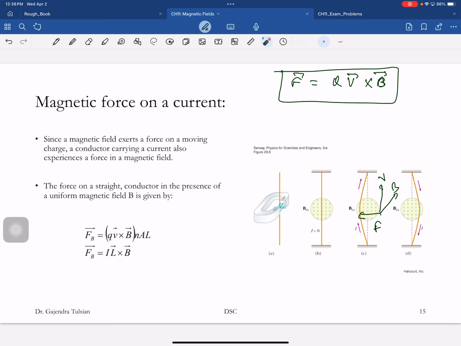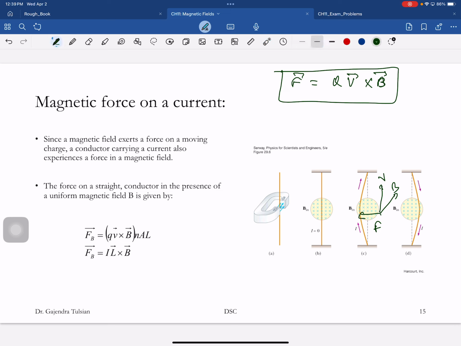And so there is a force on a current carrying conductor, and the force is I L cross B. The vector L is the length of the conductor in the magnetic field, and the direction of the vector L is the direction of the current. So in this diagram, L is in that direction. In this diagram, L is in this direction.